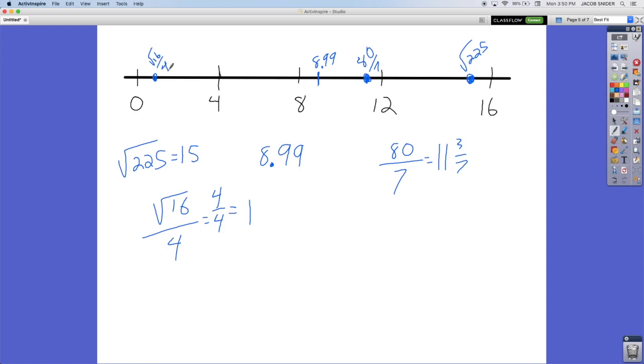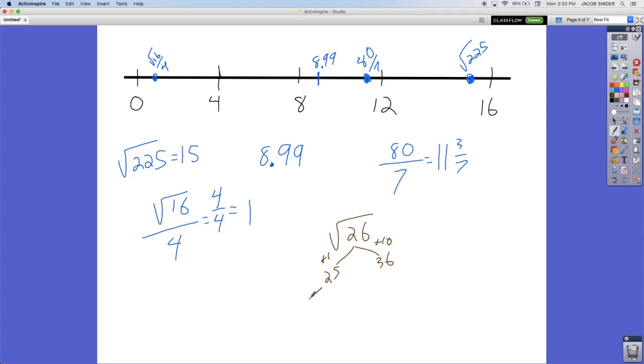It wouldn't quite be on the number line, but if I did a non-perfect square, let's say I did the square root of 26. This goes back to when we estimate our square roots, and I know that square root of 26 is in between 25 and 36, right? But it's just a little bit more than 25.